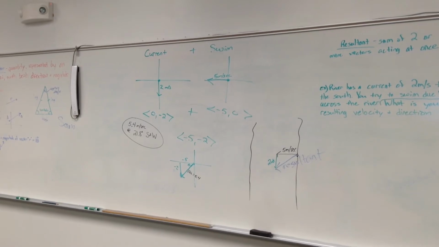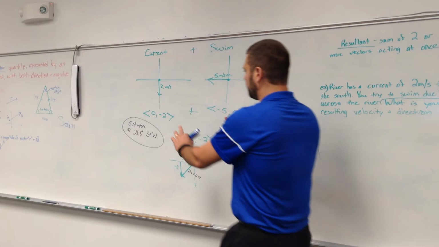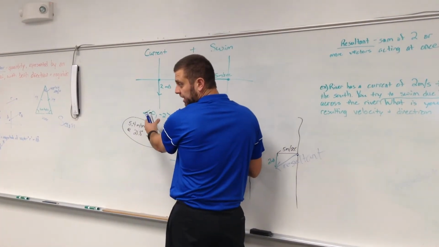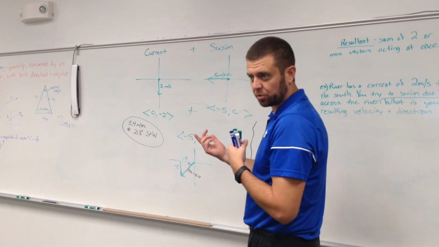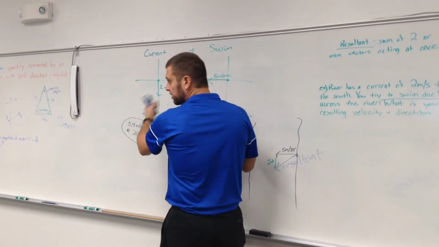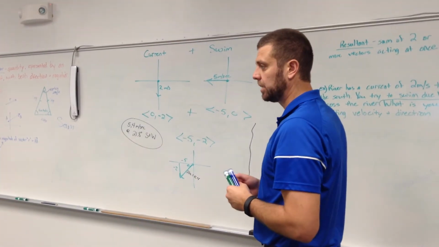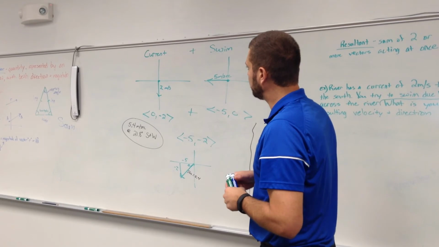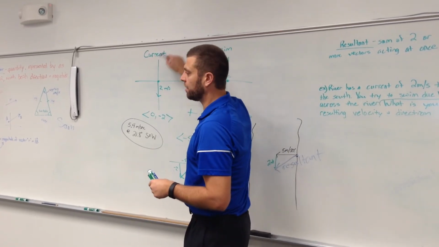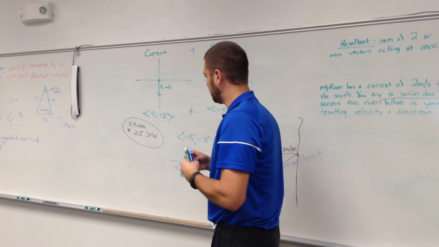Alright, so, questions on that? In order to add vectors together, all you do, add the x's, add the y's. In order to subtract them, subtract the x's, subtract the y's. Let's say it's early in the year and the current is 4 times faster than what it is right now.